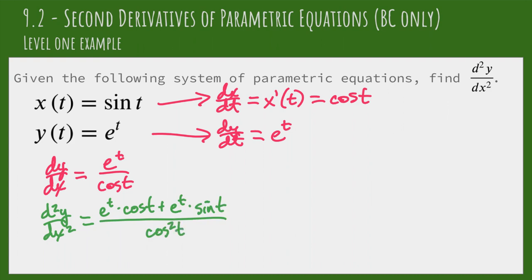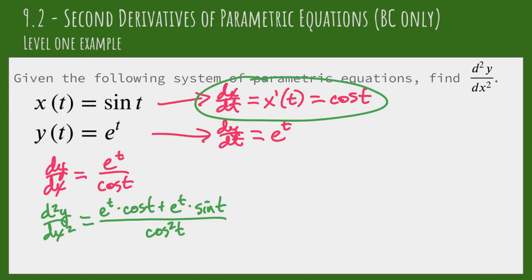I'm not done yet, because what I just did is I took the derivative with respect to t, but I want the derivative with respect to x. So to account for that, essentially what I'm doing is I'm multiplying by dt dx, but I know what dx dt is, and so I'm going to divide by dx dt to effectively do the same thing as multiplying by dt dx.